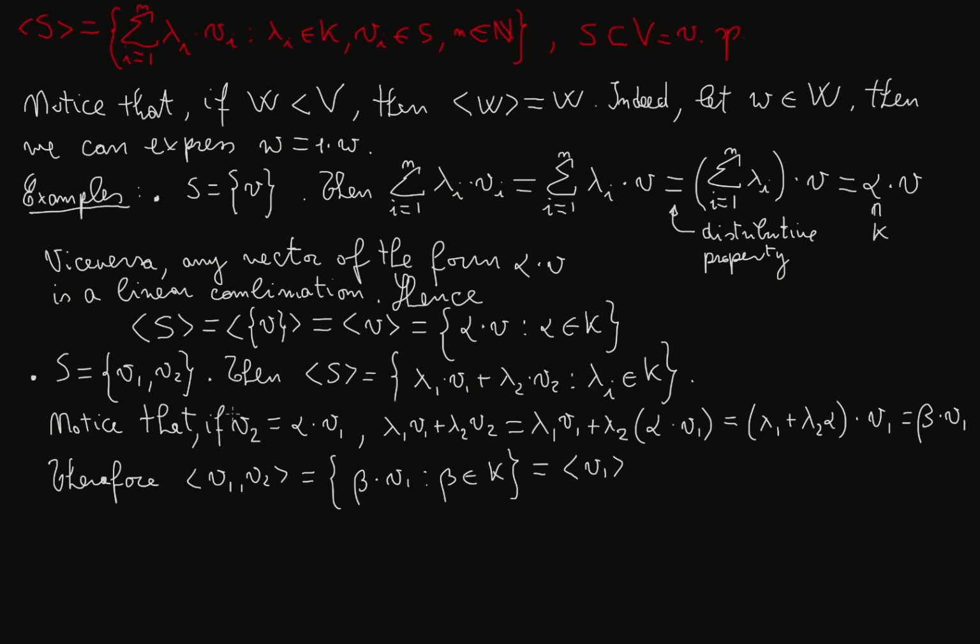So in this particular case, where v2 is a multiple of v1, we end up getting that the vector space generated by v1 and v2 is just the vector space where here we take as S just v1 and we drop v2. So v2 does not give any contribution to the vector space generated by the set v1 and v2.